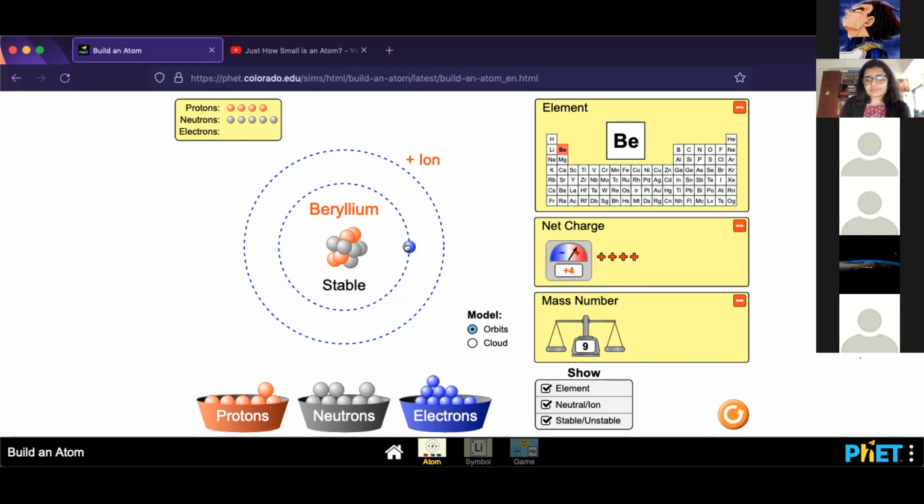So ma'am, how do we identify if the atom is stable or non-stable? You don't have to do that at this point of time. But one basic thing is, if the octet is full, it is a stable atom. If the octet is not full, it's a neutral atom, but it will react in order to get that octet.